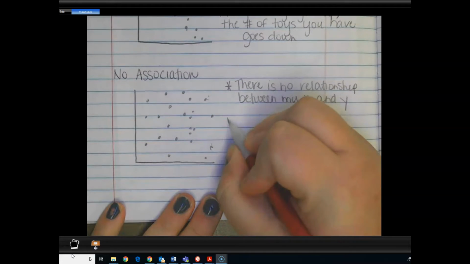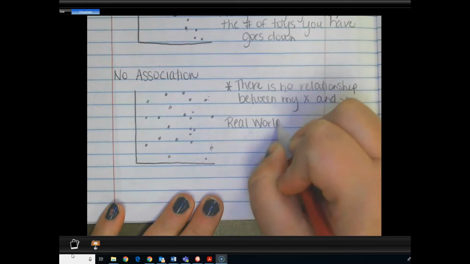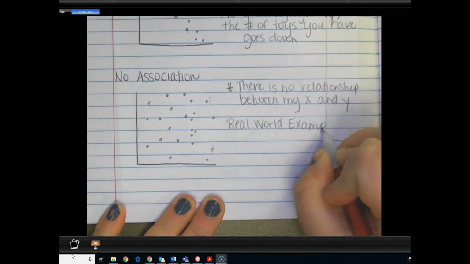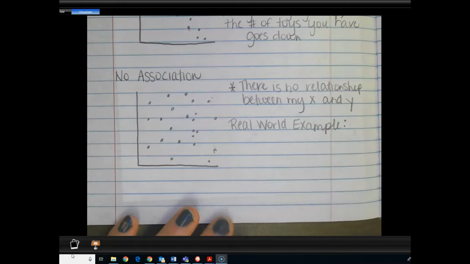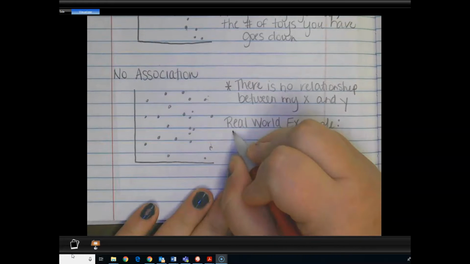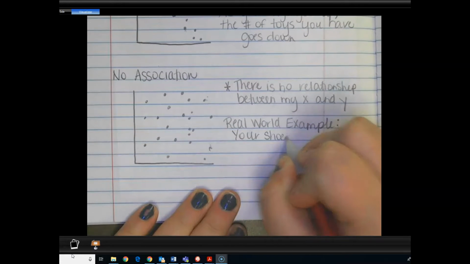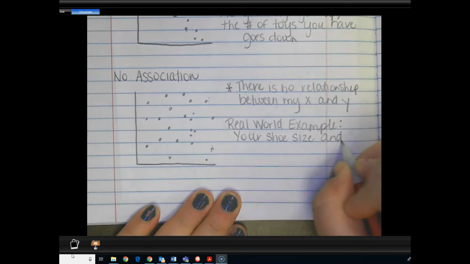And so real world example. Your shoe size and your favorite number.